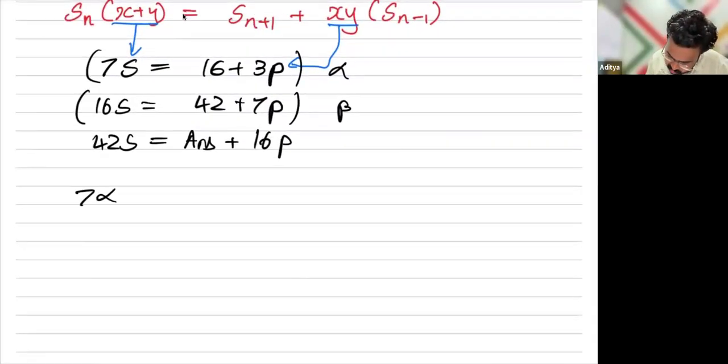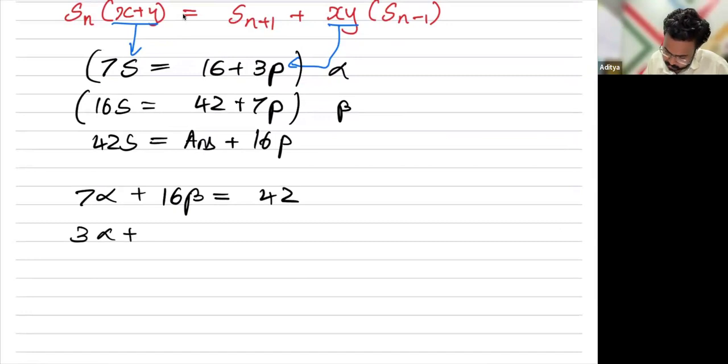7 alpha plus 16 beta will equal 42. You have another equation, 3 alpha plus how much? 7 beta equal to 16.